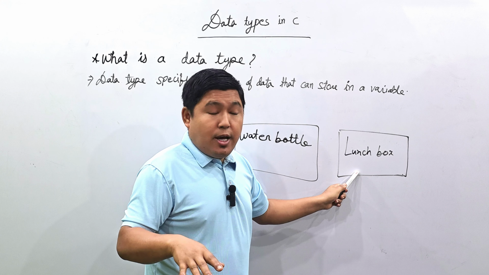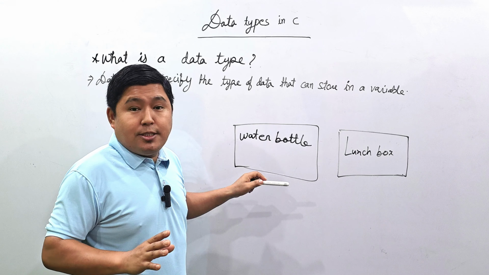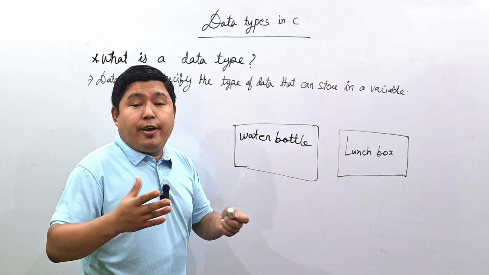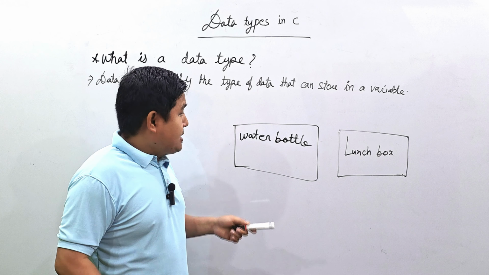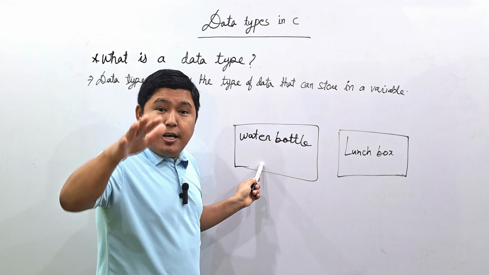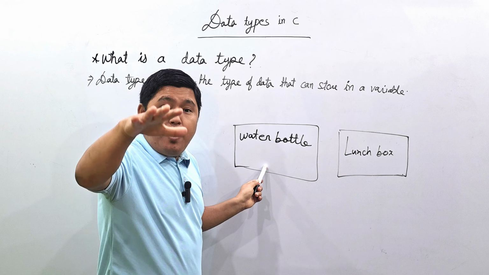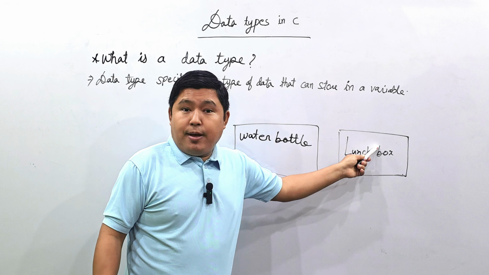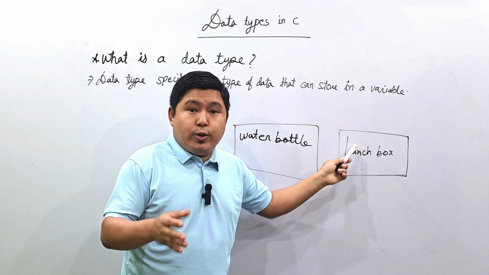Similarly, in the C programming language there are different data types to store different values. So a data type is like a container that stores a different value. I'm sure you now understand what a data type is.